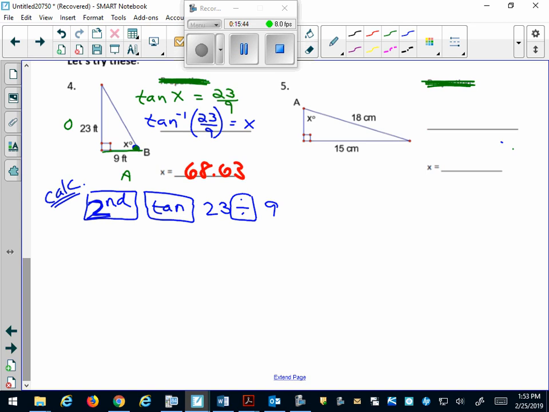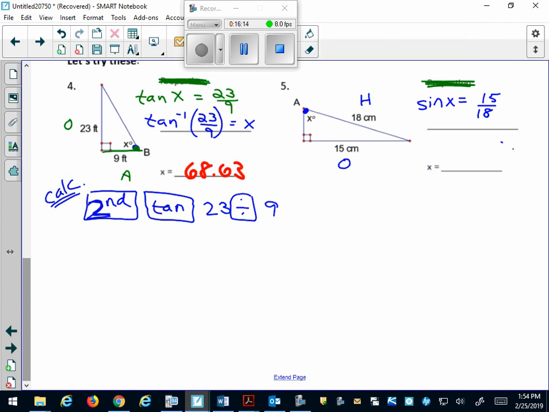Okay, so if you try number 5, same idea. Here's our reference angle. We're going to first label our sides. What's 18, A, O, or H? What's 15, A, O, or H? O and H, so sine, cosine, tangent? Sine of x equals opposite over hypotenuse.